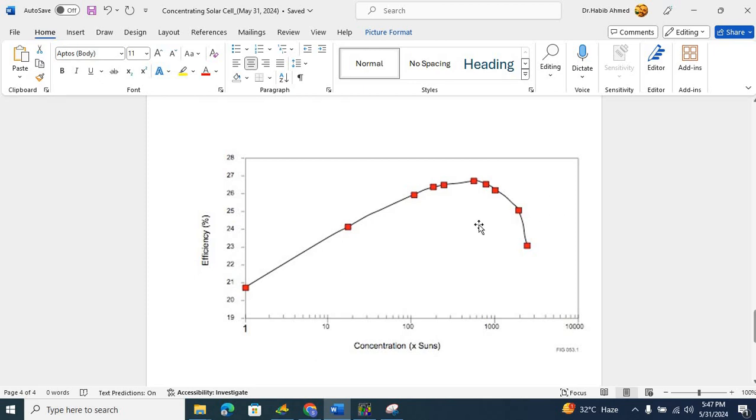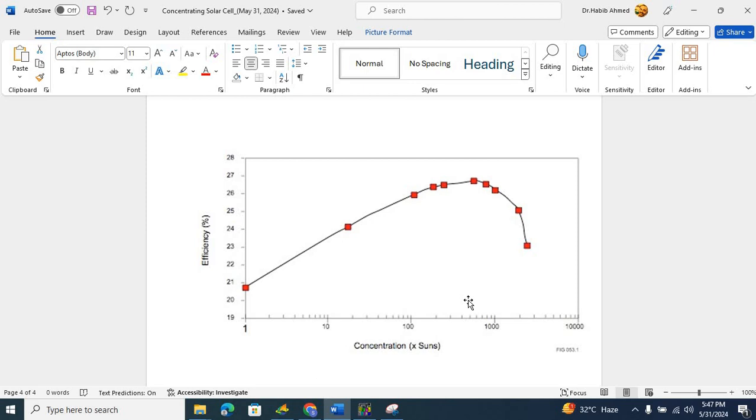However, as you can see, the efficiency of this solar cell increases to approximately 26.5% under 500 suns. So concentrator solar cell actually increases the efficiency of the solar cells by a big number.